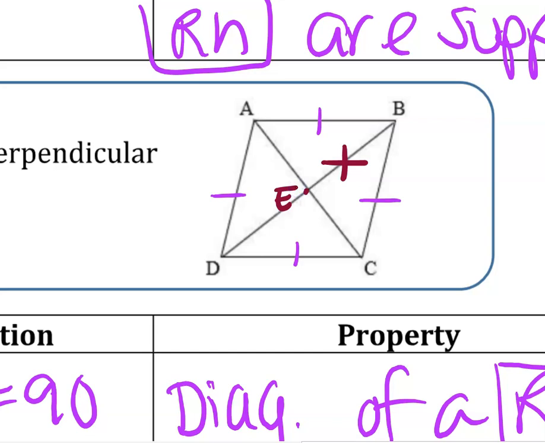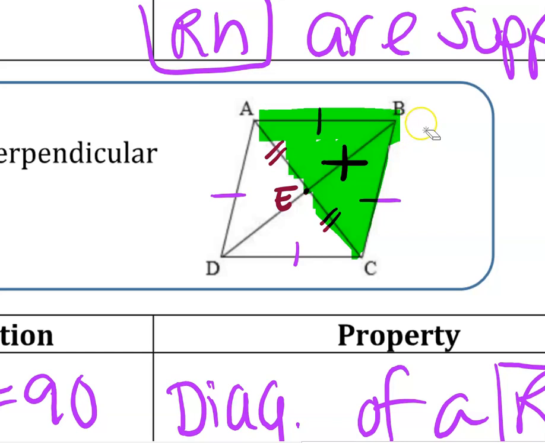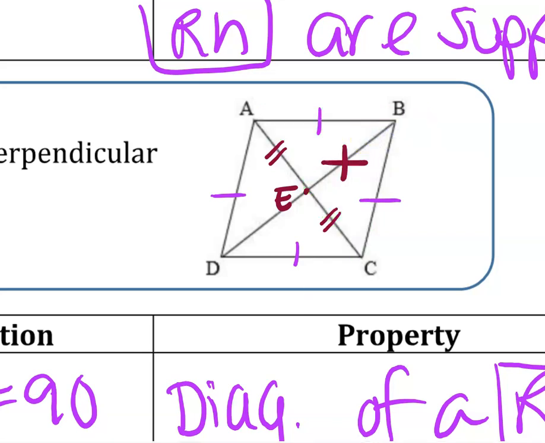Additionally, don't we know that the diagonals of a rhombus bisect each other? So that means AE must be congruent to AC. Basically I'm just showing you that these two triangles side by side are congruent by side, side, side. So if you know those are congruent, then these little angles, which I'll call 1 and 2, must also be congruent.